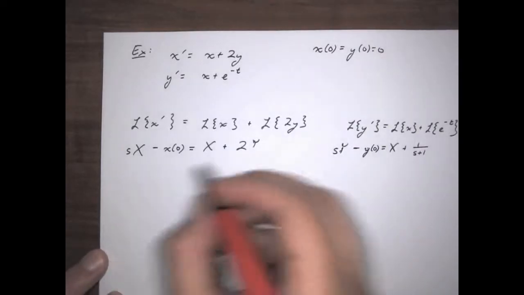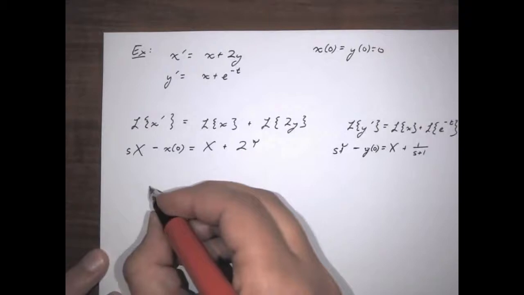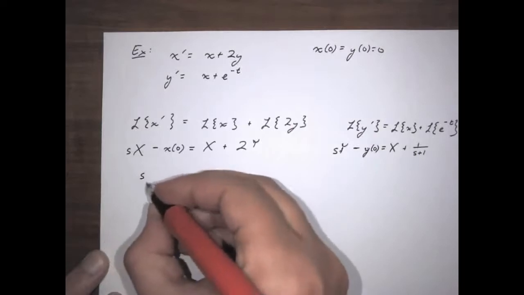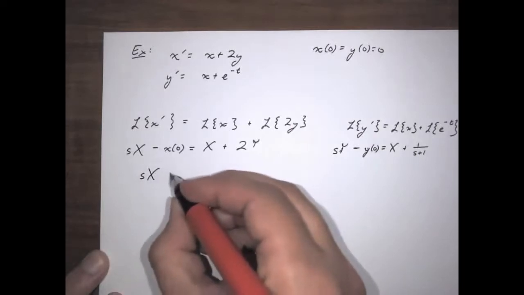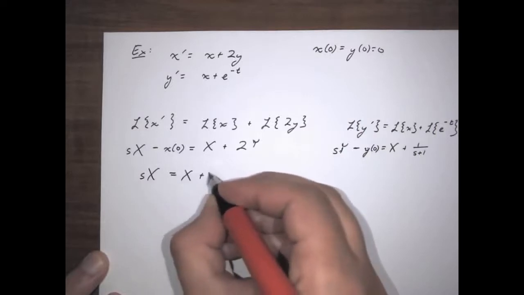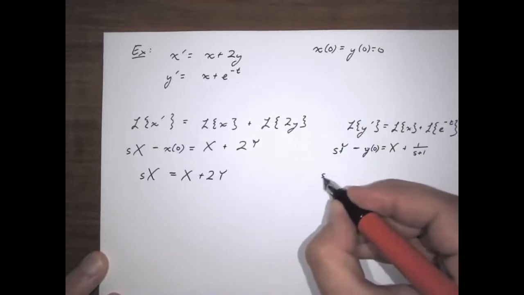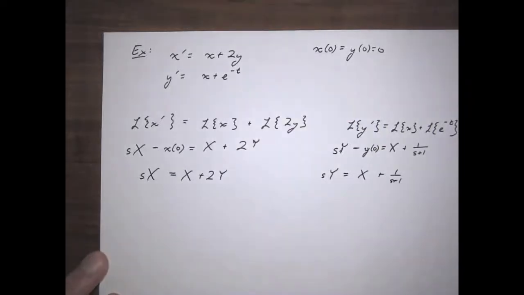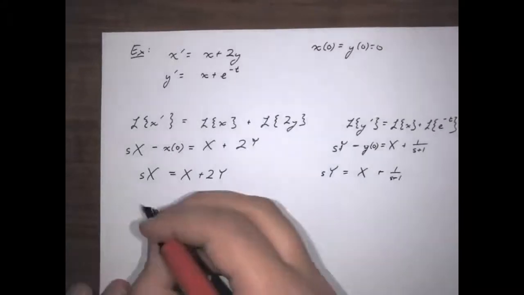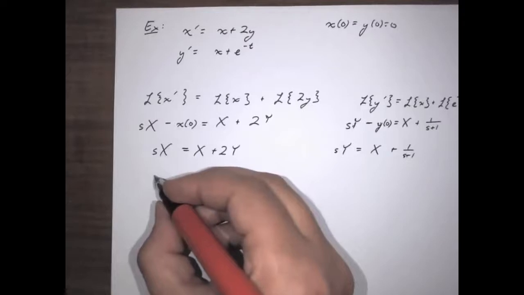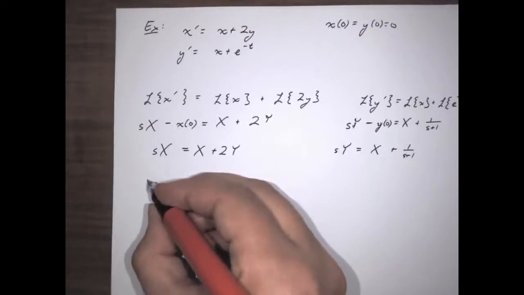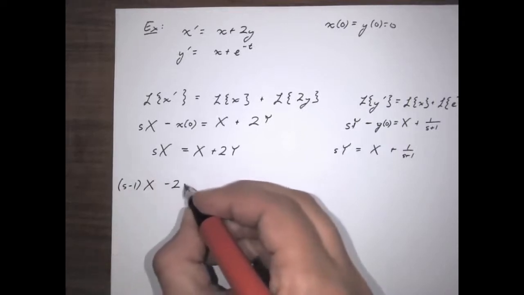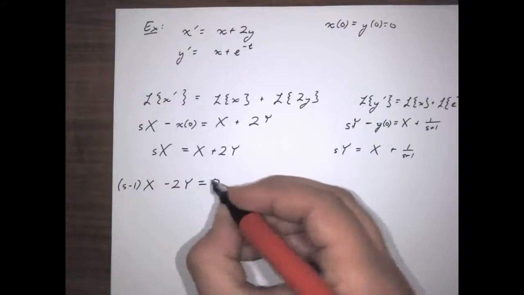Now, if we were to collect all the x's and y's to one side, and I guess the x naught is equal to just 0, so let's just go ahead and say sX equals X plus 2Y, and sY is equal to X plus 1 over s plus 1. Then what we would want to do is turn this back into a system now for capital X and capital Y. So that's going to be capital X times (s minus 1) minus 2Y equals 0.